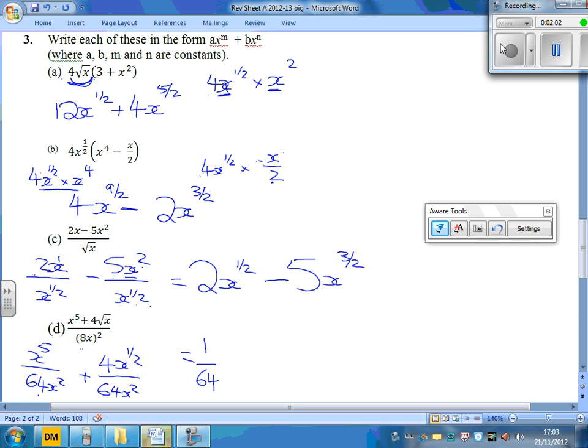The 64 is on the bottom, and I've got x to the 5, x squared, 5 take away 2 is the x cubed, plus 4 over 64. I can do a bit of cancelling there, that 4 goes into 64 16 times, so I've got 1 over 16 here, and taking away, a half take away 2 is minus 3 over 2.